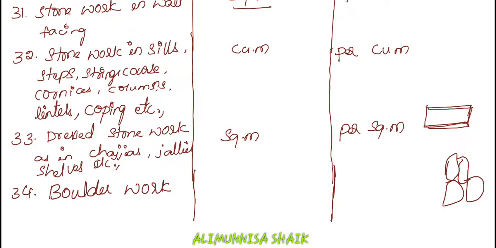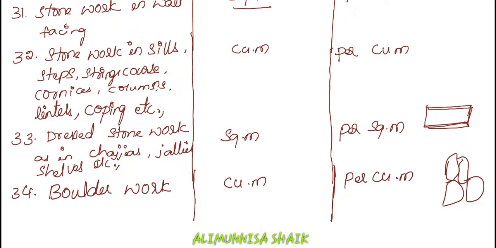Okay, that is your boulder work. Unit of measurement is taken in cubic meter and unit rate is fixed per cubic meter. This boulder work shall be classified as dry hand packed, boulder walling dry and walling in mortar. These are the three different types of boulder works we generally consider.